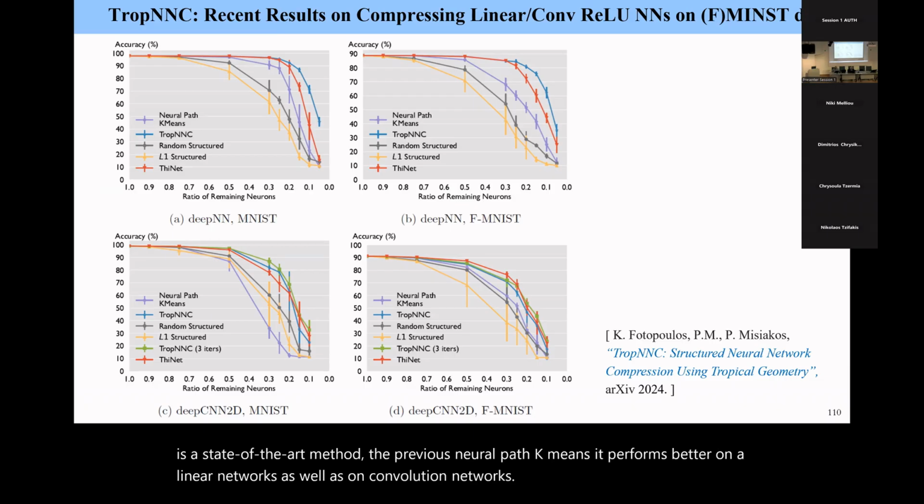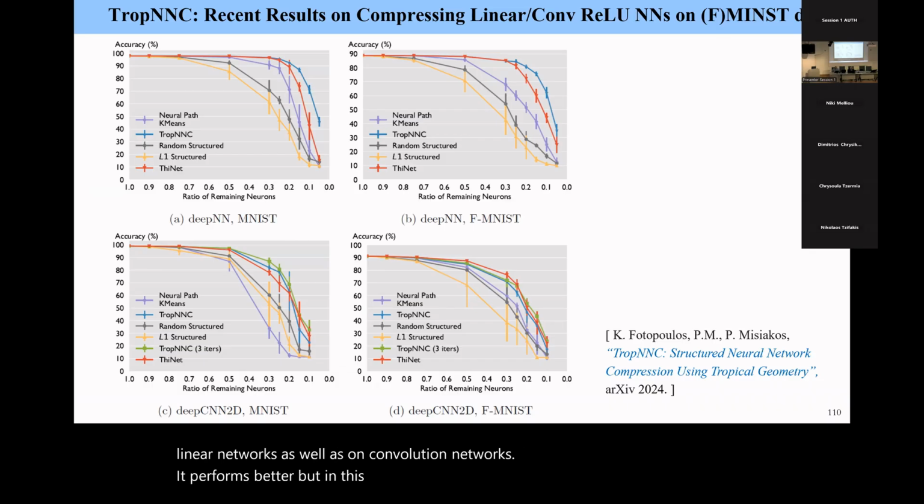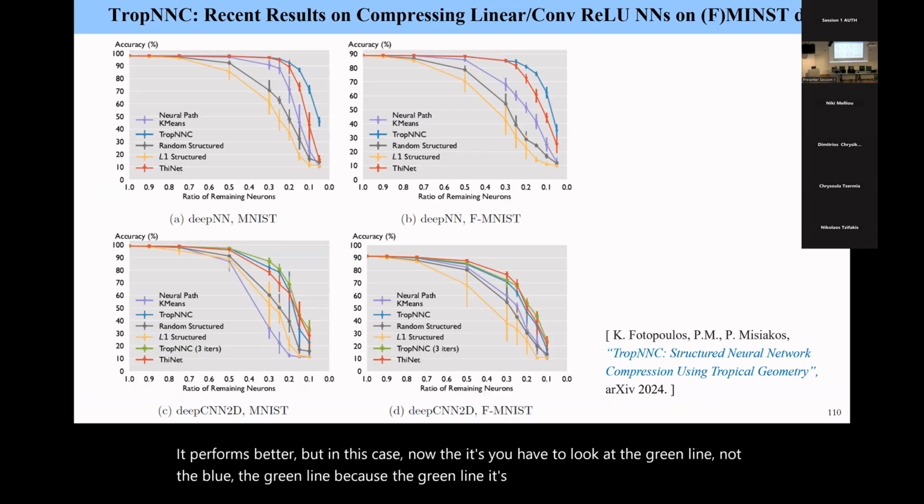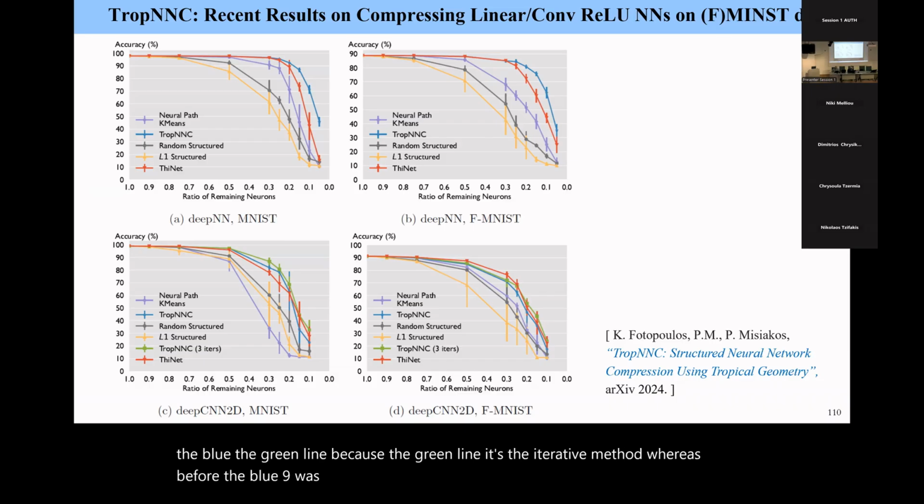In this case, you have to look at the green line, not the blue. The blue line is the non-iterative, the green line is the iterative method.